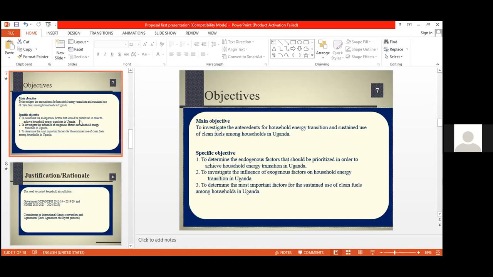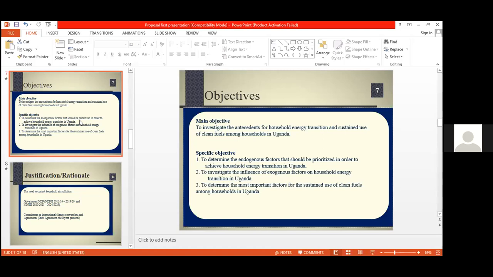He didn't mention issues of elimination of fossil fuels, and then also whether it is an issue of access to electricity and clean cooking. So I think as he writes up his background, these issues really need to come up very well.